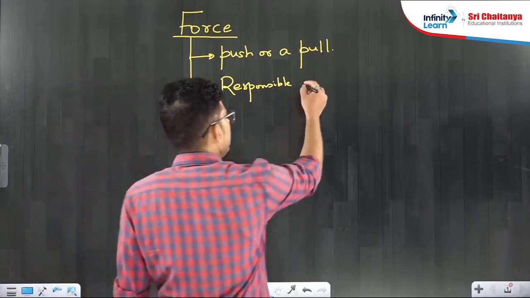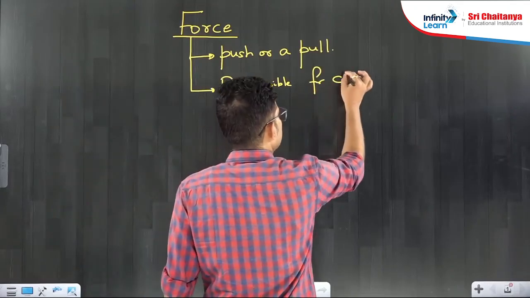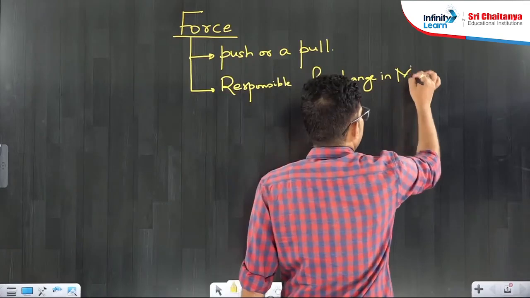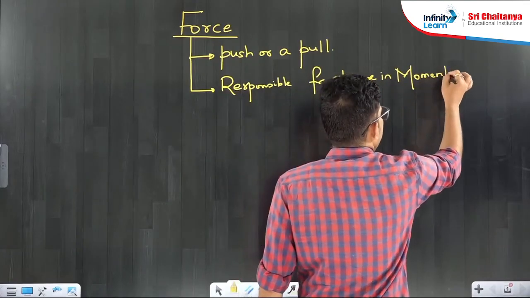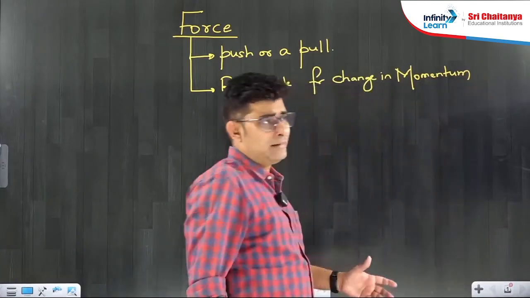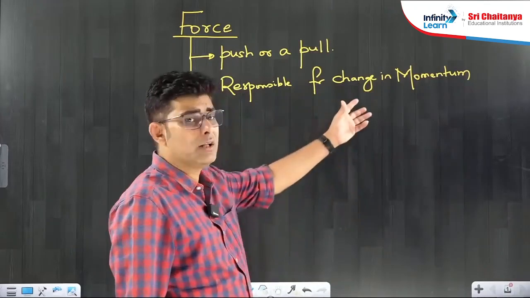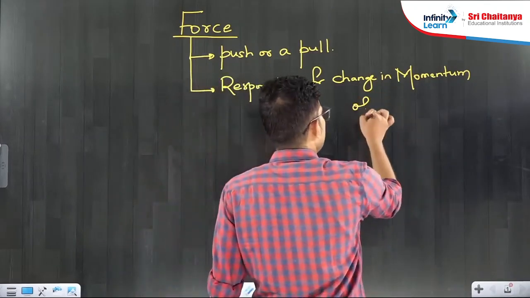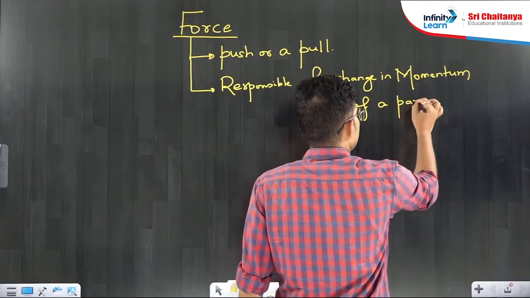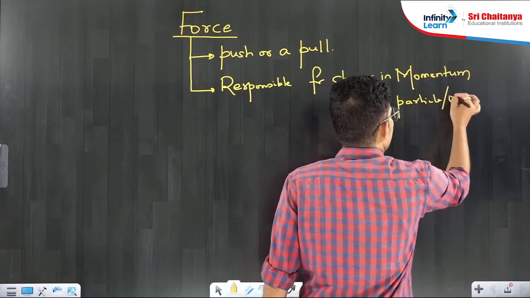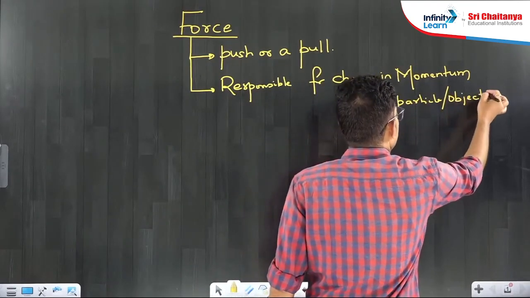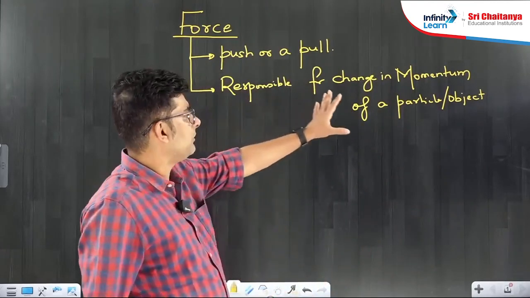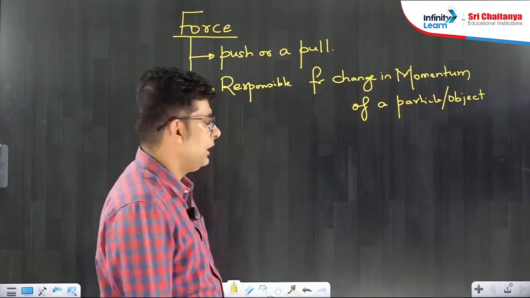So in short, we say it is responsible for a change in a combined property of a body due to its mass as well as its velocity, which we call momentum. So it is responsible for change in momentum of a particle or an object or a system of particles, whatever we can take.